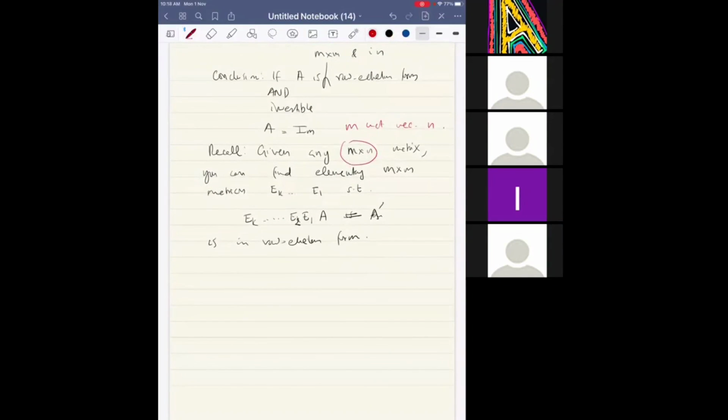Now specialize to M equal to N, and suppose A is invertible.